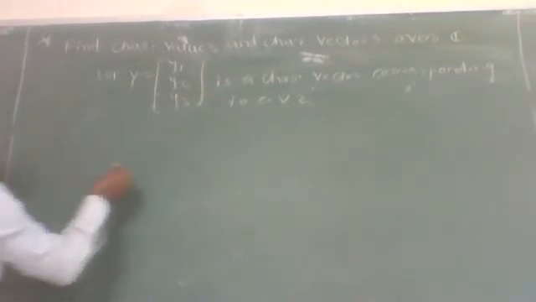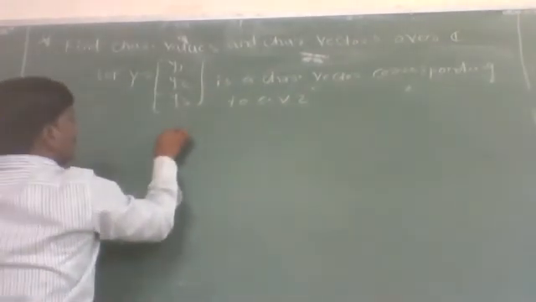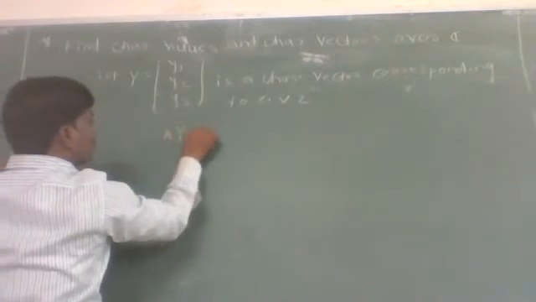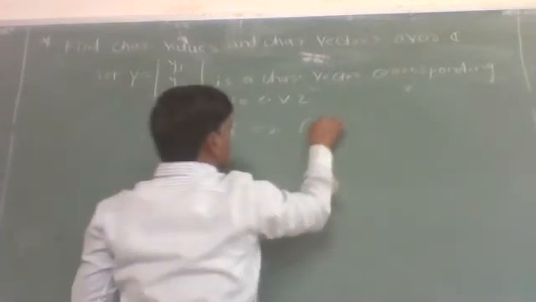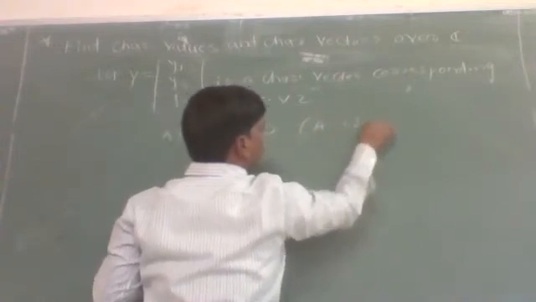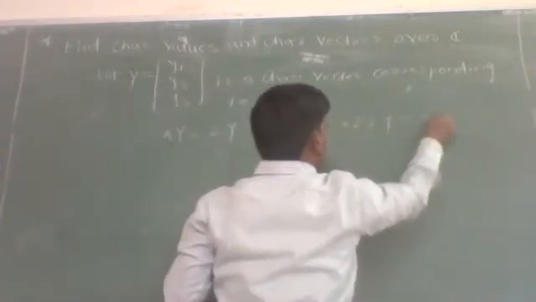Now, from the definition, AY is equal to lambda, lambda is 2, Y, which implies (A minus 2I) Y equal to 0.